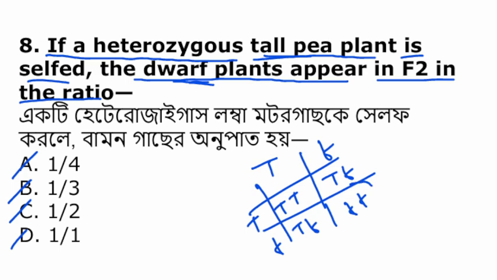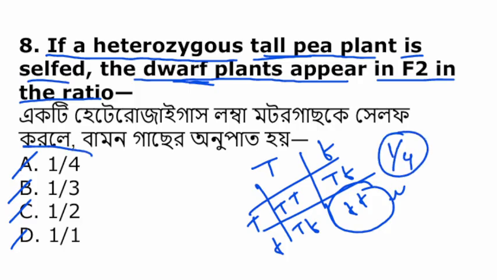So among them, homozygous dwarf plant যেটা হবে 1/4. So A is the correct answer.